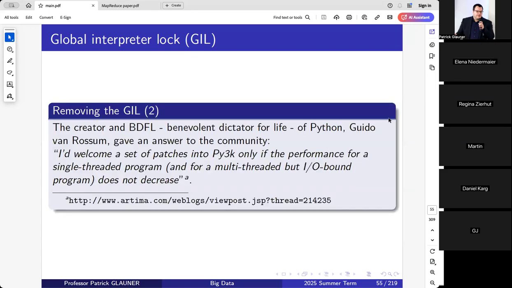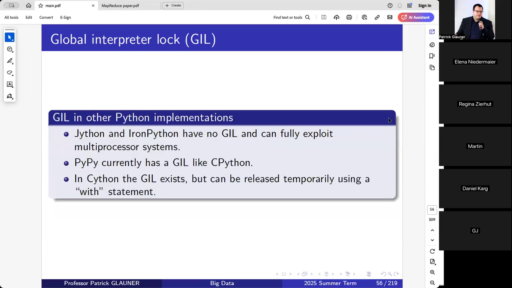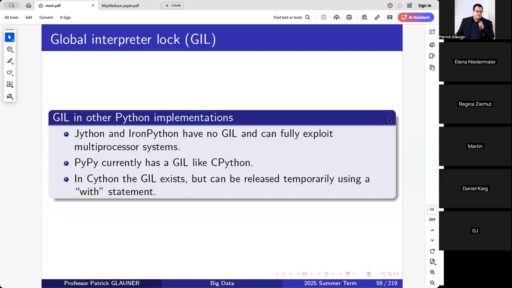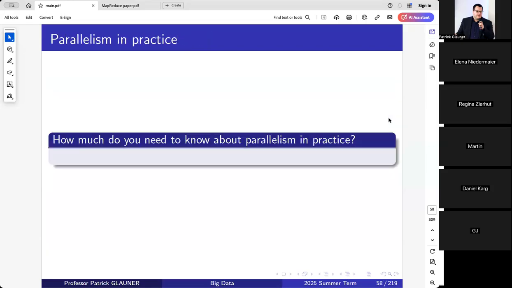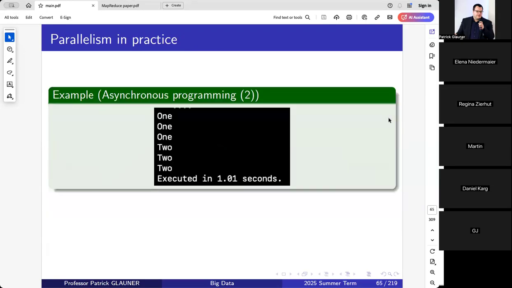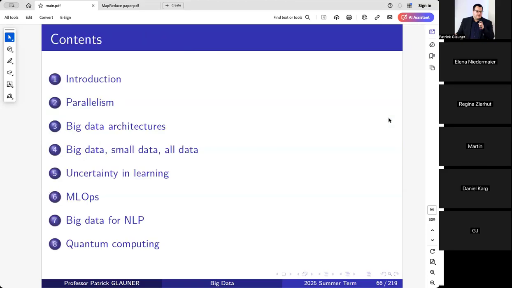But certainly in the early days, it made sense to build the global interpreter lock this way, but computing has changed, and we need parallelism to work on ever larger data sets. What I said all concerns the CPython implementation. We looked briefly at a few others, how they handle the global interpreter lock. We saw a few more best practices for parallelism and briefly looked into asynchronous programming.